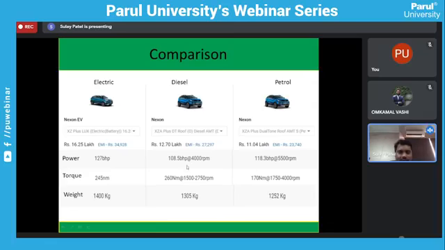If you are running 30 to 40 kilometers per day, then the diesel engine vehicle is beneficial to you. And if your daily mileage is above 50 kilometers, then the electric vehicle is best for you.